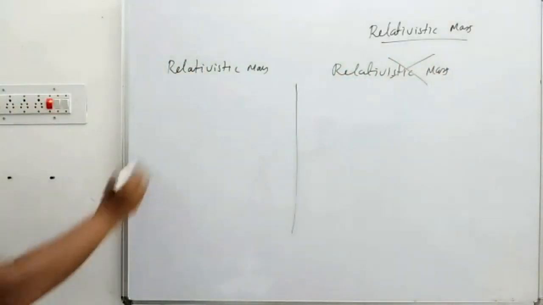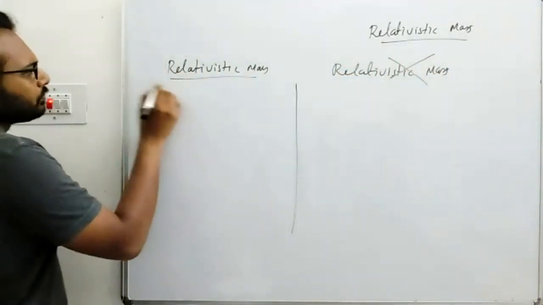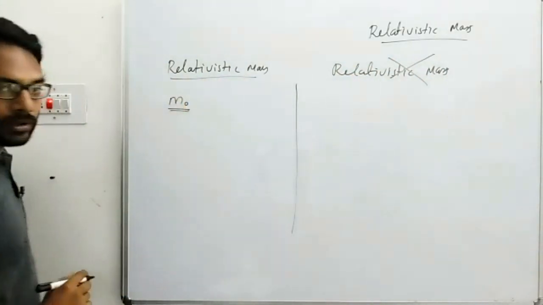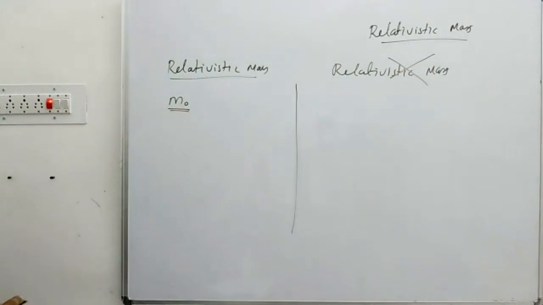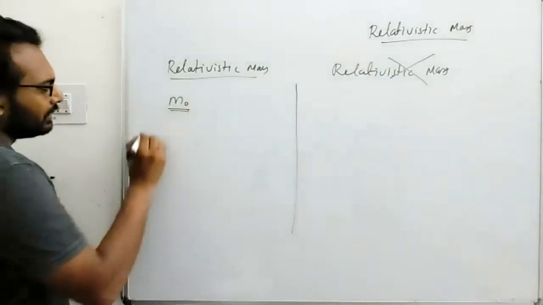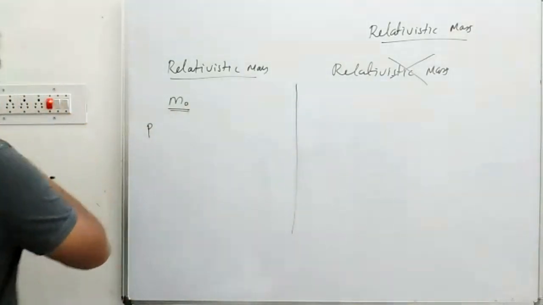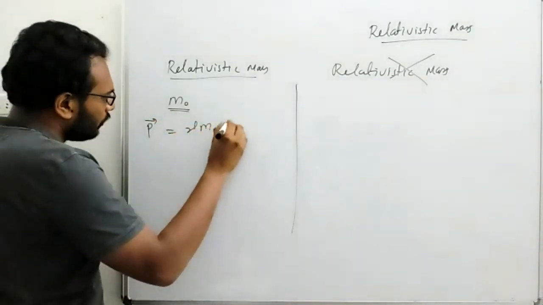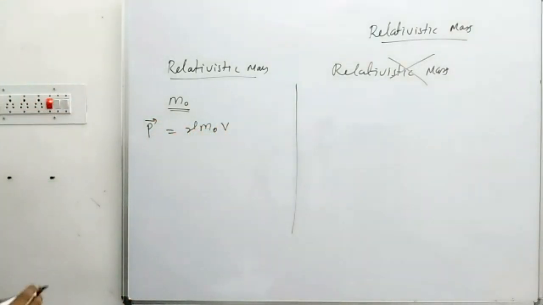So in this camp, people say that the rest mass of the object has to be taken as m0. And then for momentum conservation, the momentum vector has to be gamma m0 v. So they are actually doing a bit of cheating.